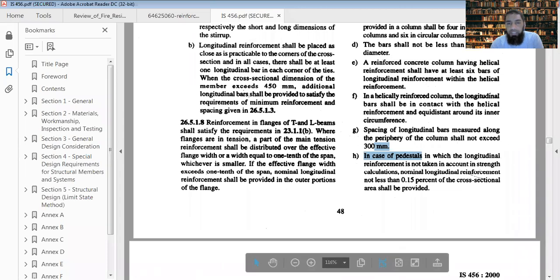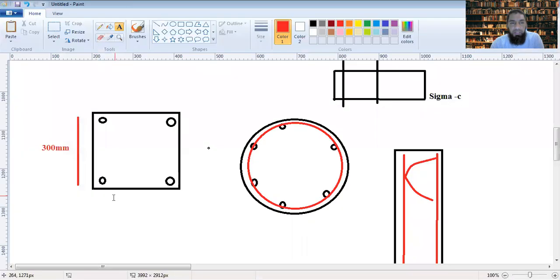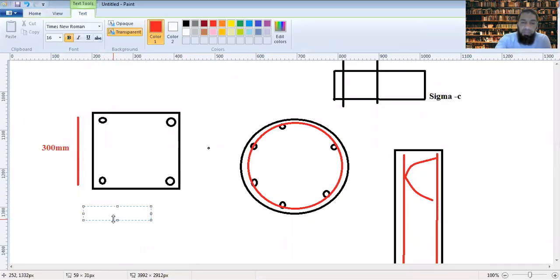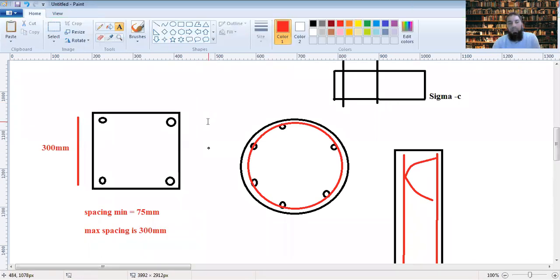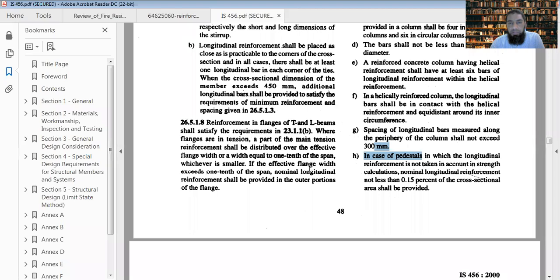You have to maintain at least 75 mm minimum spacing between longitudinal bars, and the maximum spacing is 300 mm between the bars, whether it be rectangular or circular.